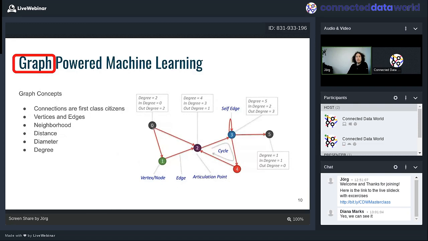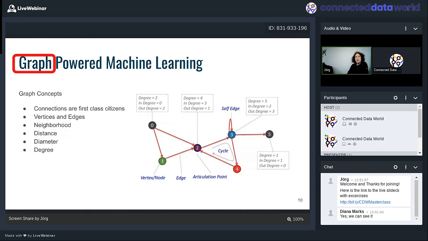For example, how many steps do I need to take to get from 0 to 4? That would be 2. Diameter refers to how large our entire graph is, like how far it is spread out, or in other terms, what is the longest shortest path between any two vertices in that graph.